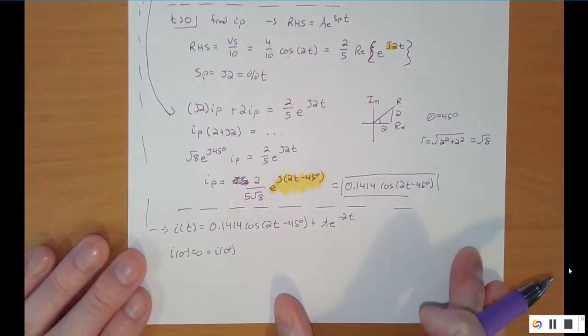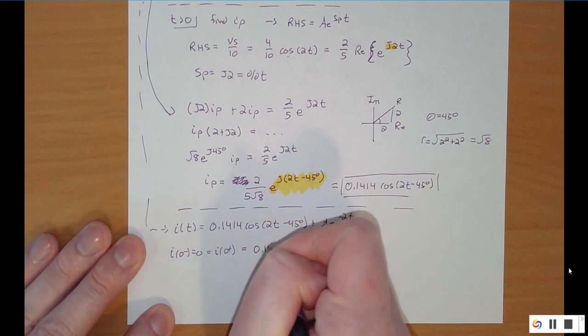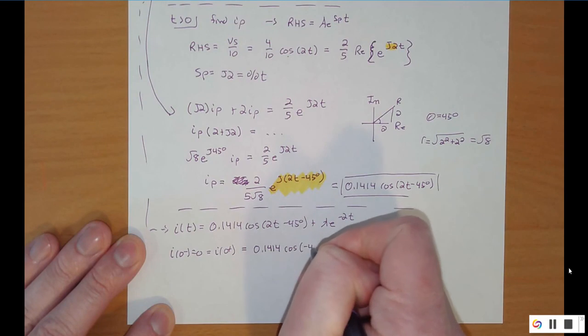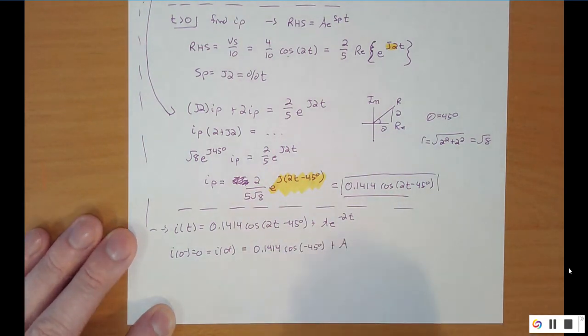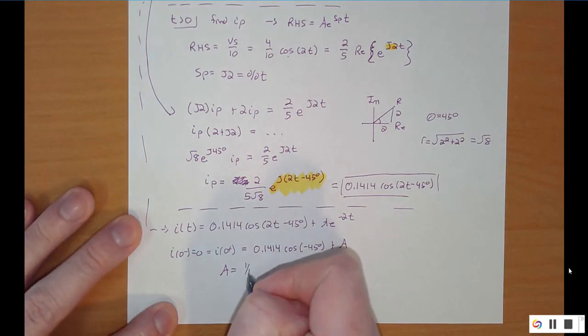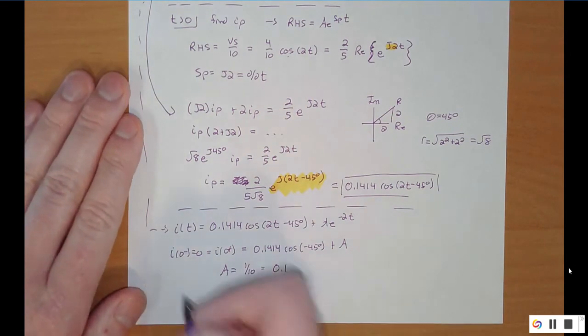Again, just look at the form of the equation here. You can't have a change in current without a change in time. So we set that, and that becomes 0.1414 cosine of negative 45 degrees plus A. We solve for A. We find that A is 1/10, or 0.1.